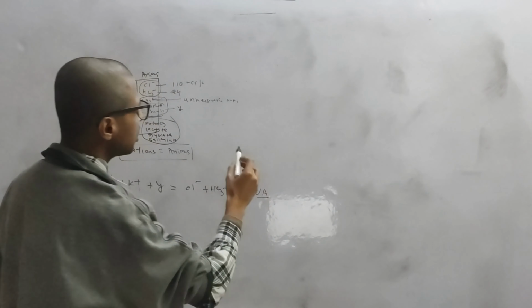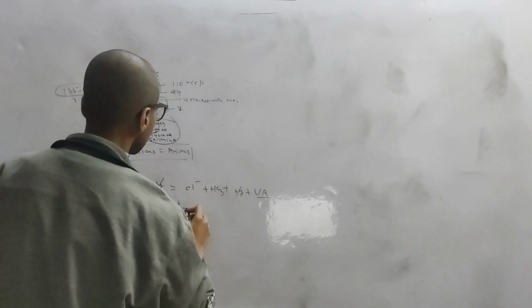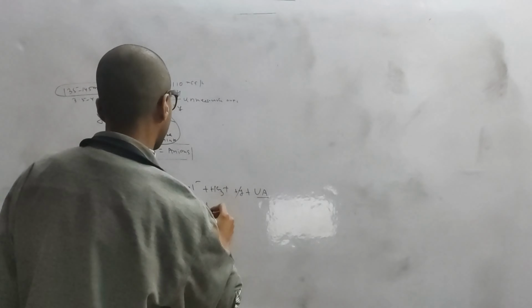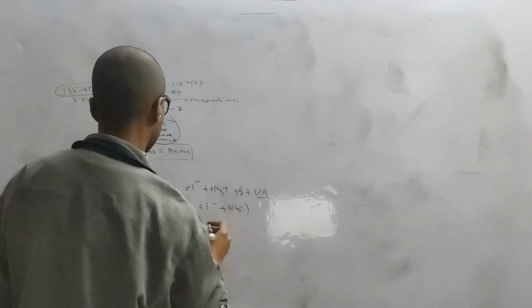So this Y and Y cancel. What is the normal unmeasured anions? Unmeasured anions is equal to sodium plus potassium minus chloride plus bicarbonate.